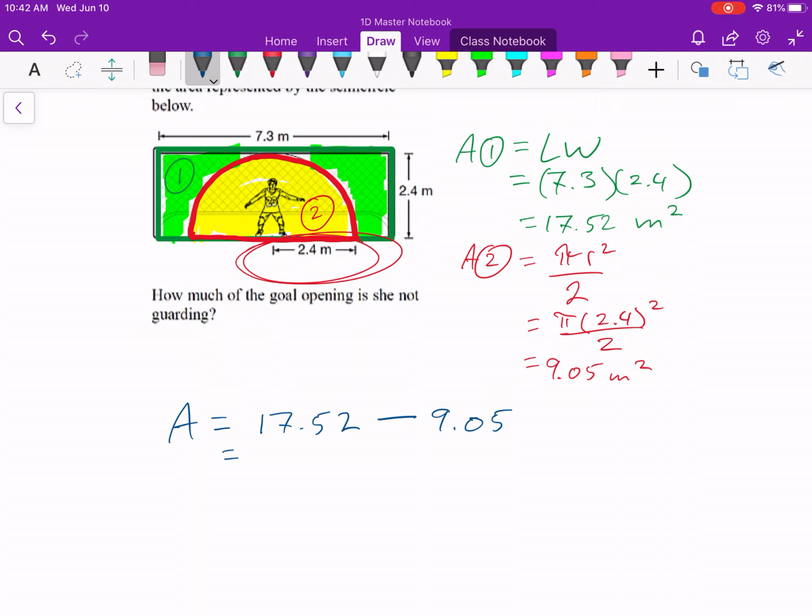And we're left with 8.47. About half the net is unguarded, is what it turns out to be. So how much of the goal is she not guarding? 8.47 meters squared. The main takeaway here is you have to know your different formulas.